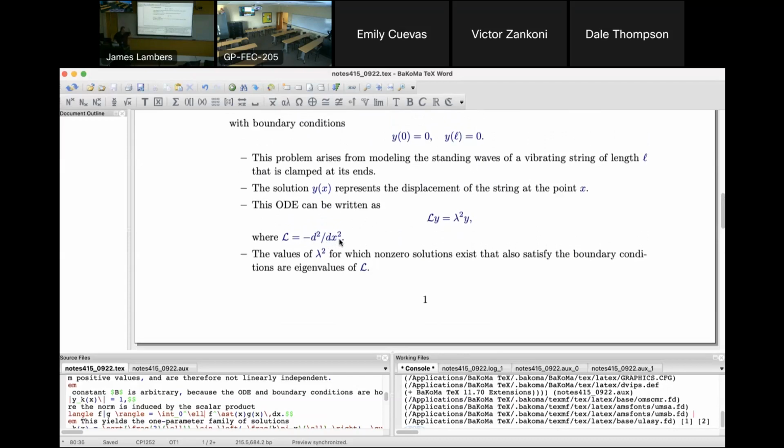So if your operator is minus second derivative, that operator applied to sine kx gives you k squared, so positive k squared sine kx. So in general, it also has some boundary conditions, but it happens in many cases where the minus second derivative operator has positive or at least non-negative eigenvalues.